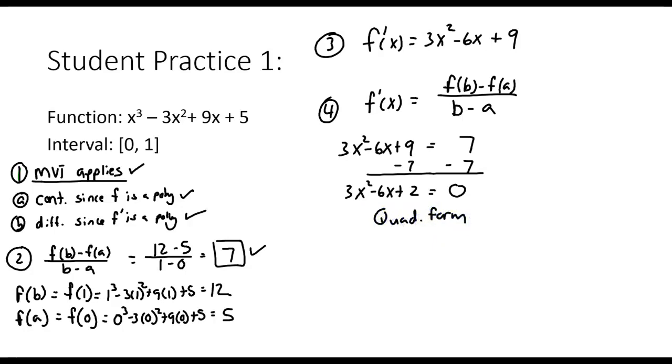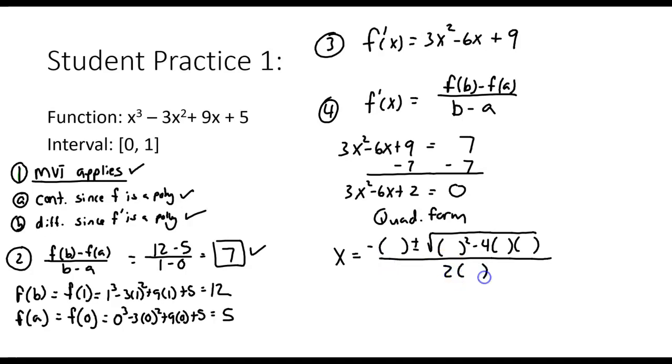Okay, so that's where we do x equals -b plus or minus the square root of b squared minus 4ac all over 2a. Okay, so my b is -6. My a is 3, my c is 2. 36 minus 24 would be 12.